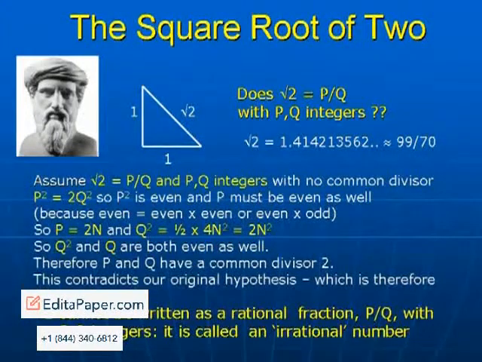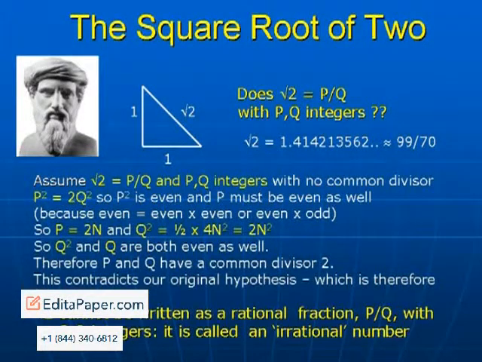So the way it works is that we start by assuming that the square root of 2 is p/q, where p and q are two integers with no common divisor. Okay, so they're in their fraction in its lowest terms, like 1/2, not like 2/4. And then we work out the consequences of that. So if we were to square this formula, we would have that p squared is equal to twice q squared.